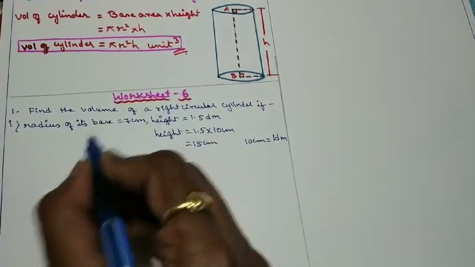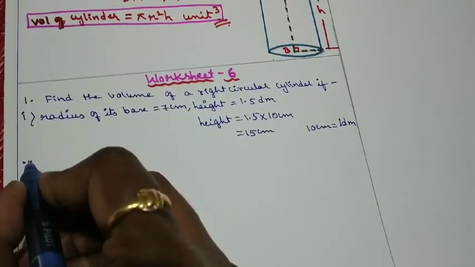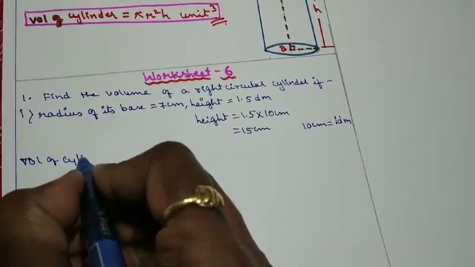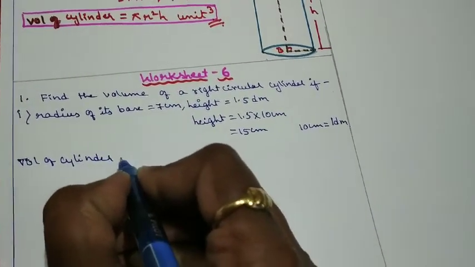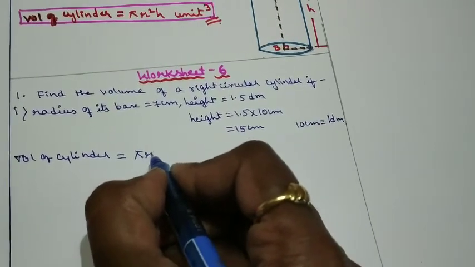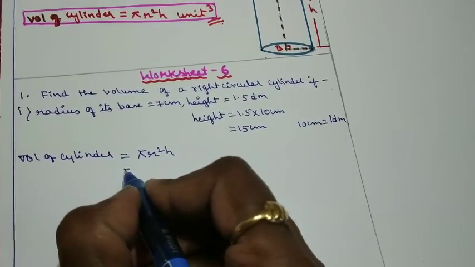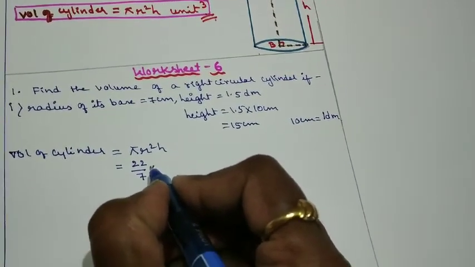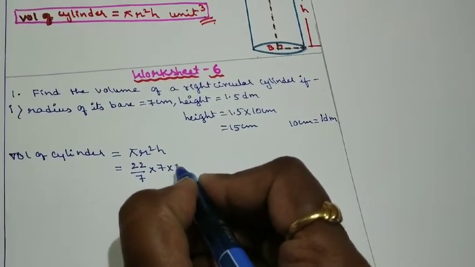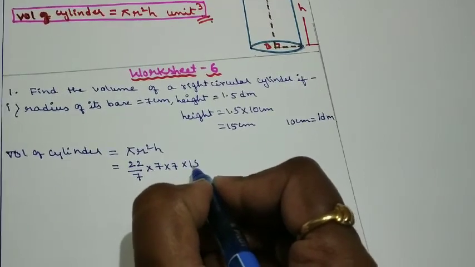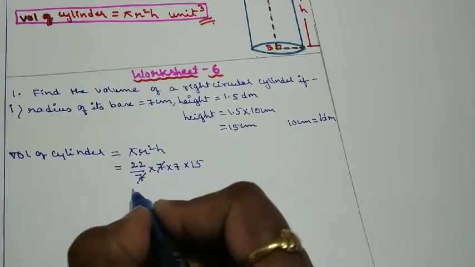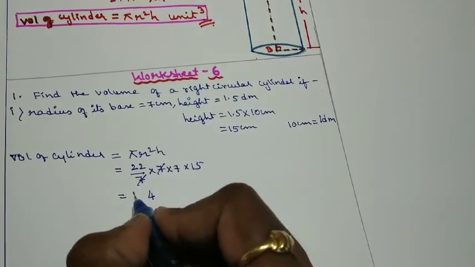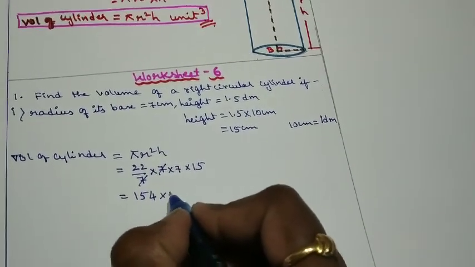Now we'll find the volume of cylinder. Volume of cylinder equals pi r square h. Unless they state otherwise, we can take the pi value as 22/7, into radius 7 into 7, and the height is 15. 7 gets cancelled, then 22 into 7 is 154, into 15.